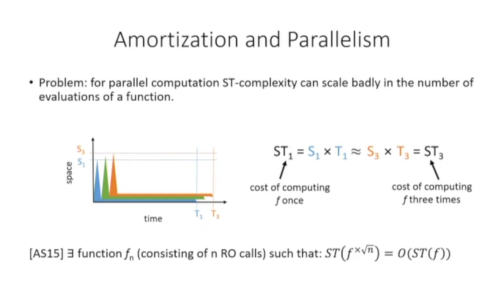And in general, Alwen and Serbinenko pointed out that there exist functions where the amortized cost of computing the function is square root n times smaller than the cost of computing it once. So if you compute this function square root n times and then amortize, basically you're still paying the same total cost that you would pay to compute this function once.